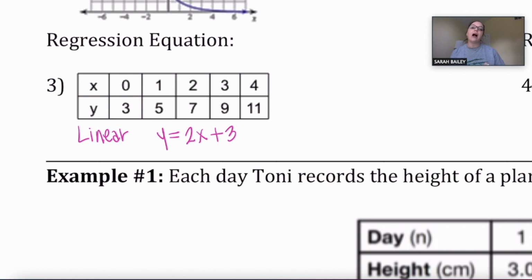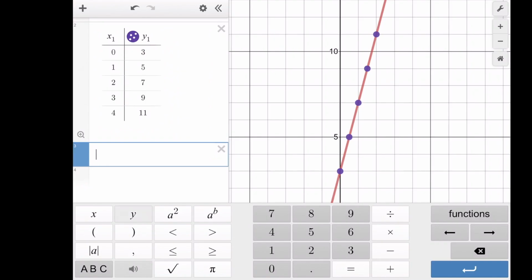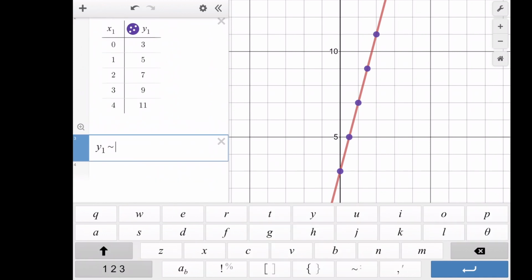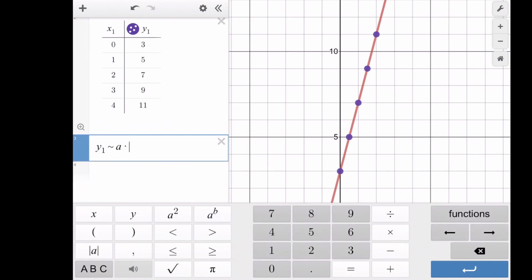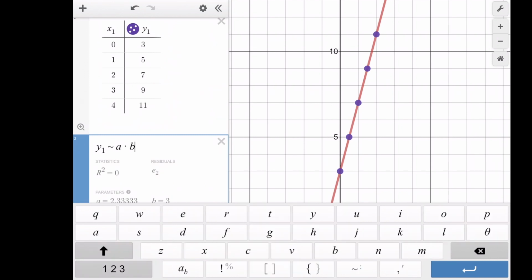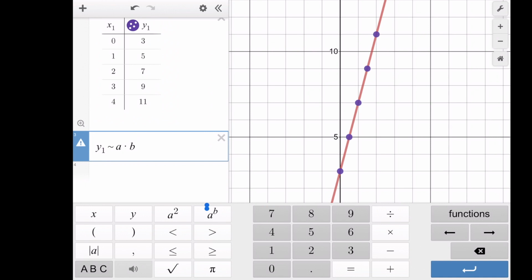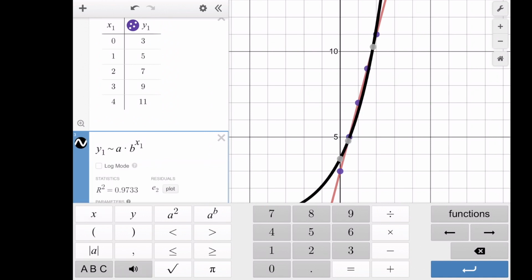That's always y equals ab to the x power. So when I do it on Desmos, that's going to be y1, not equals, but the squiggly. And then we said a times b to the x power. So I'm hitting that AB button to get the exponent. I'm going to hit x sub 1 there.